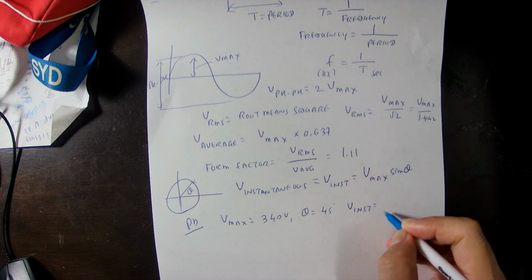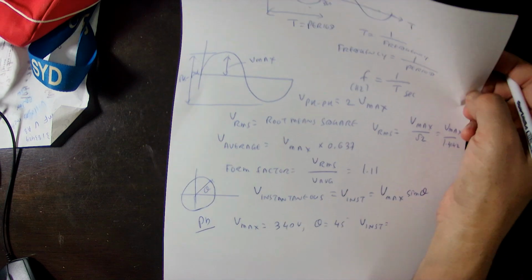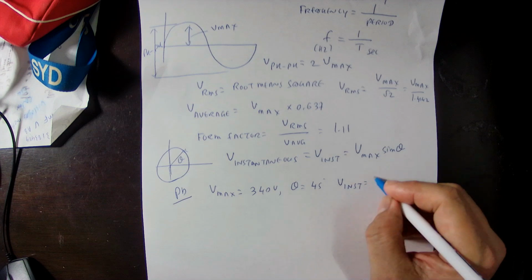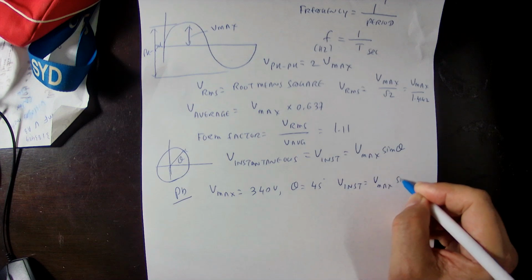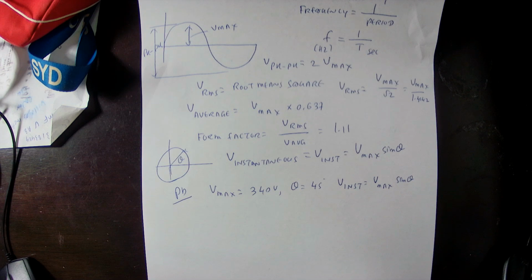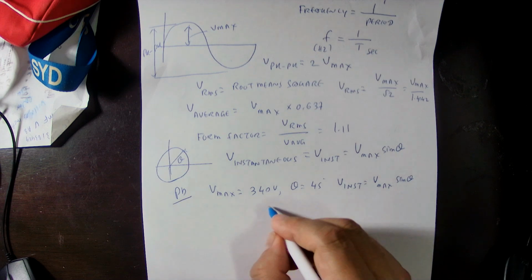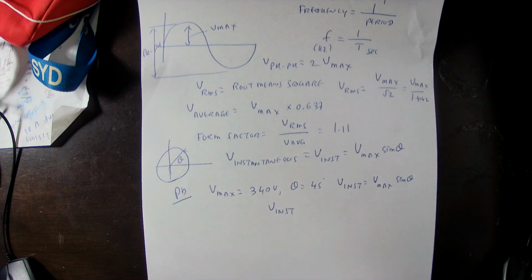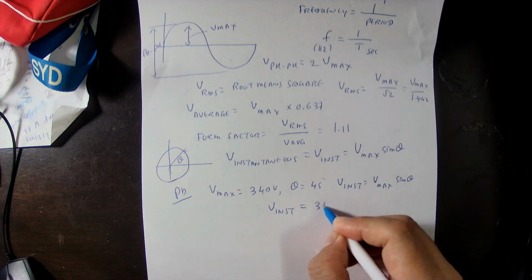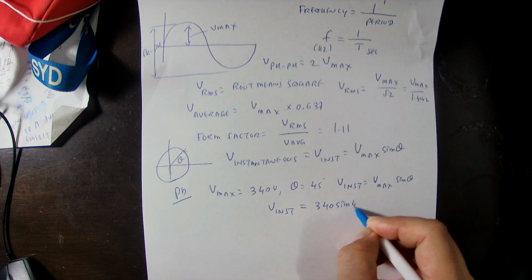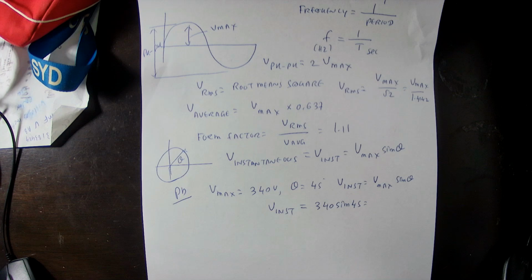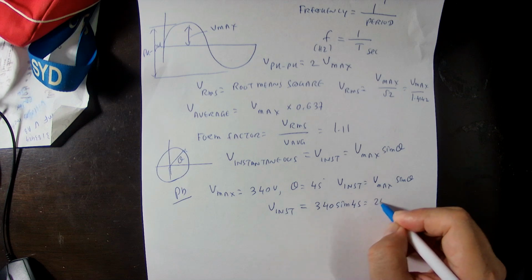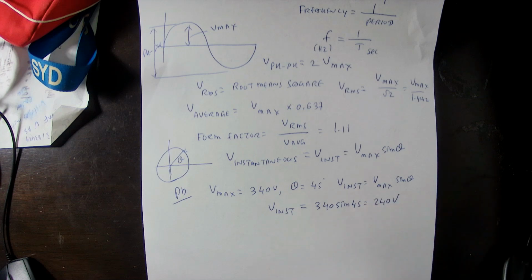V instantaneous can be calculated as V maximum sine theta. Therefore, V instantaneous at 45 degrees, with maximum value 340 and sin 45, is 240 volts. So the V instantaneous value is 240 volts.